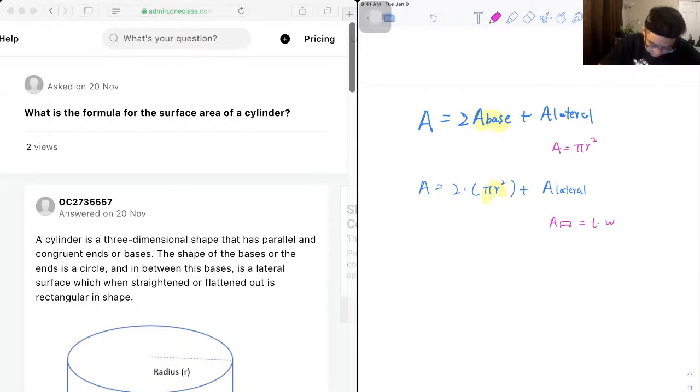So let's write that down. The width of the rectangle is equal to the height of the cylinder.